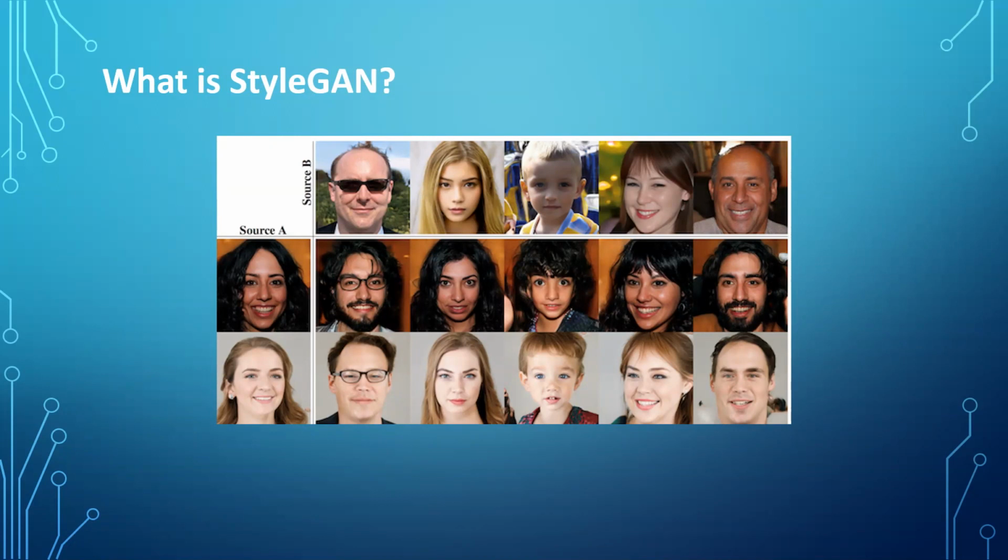You can't specify that in the traditional GAN. StyleGAN overcomes that by using two images, source A and source B, and fusing them. Here you can see, keeping source B constant, if we change source A, the results also change. It's basically a combination of the two images.